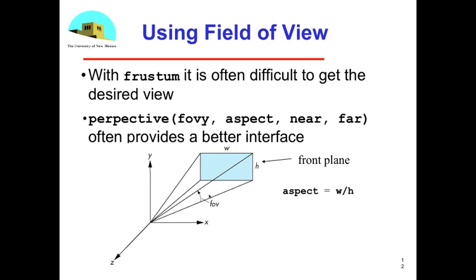What you can do very easily with perspective is take the field of view to be very large, and as long as you're pointing in the right direction, you'll capture things. Maybe you capture too much, but you can adjust that fairly easily and then maybe switch to frustum after. So this is a very handy one.